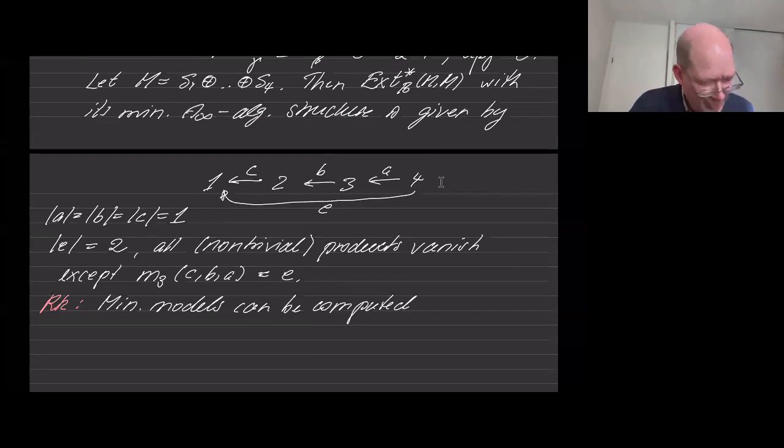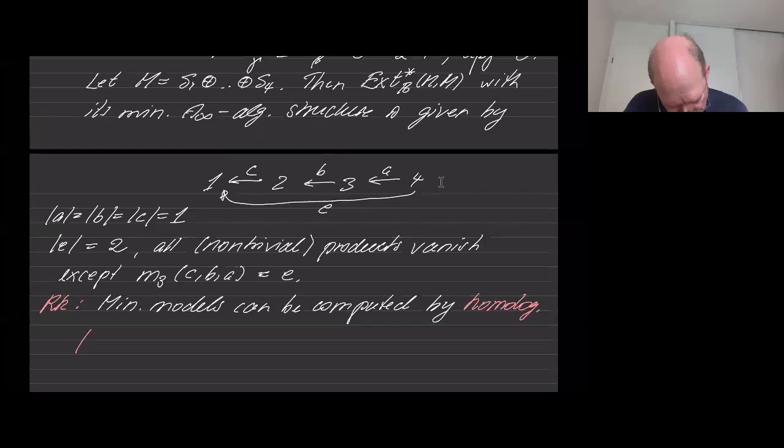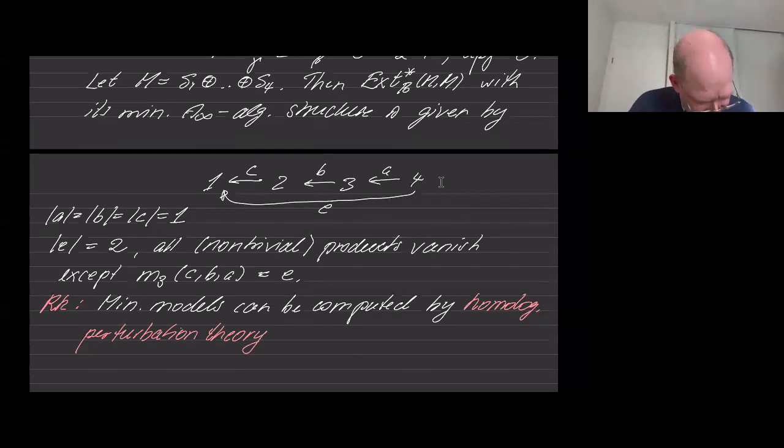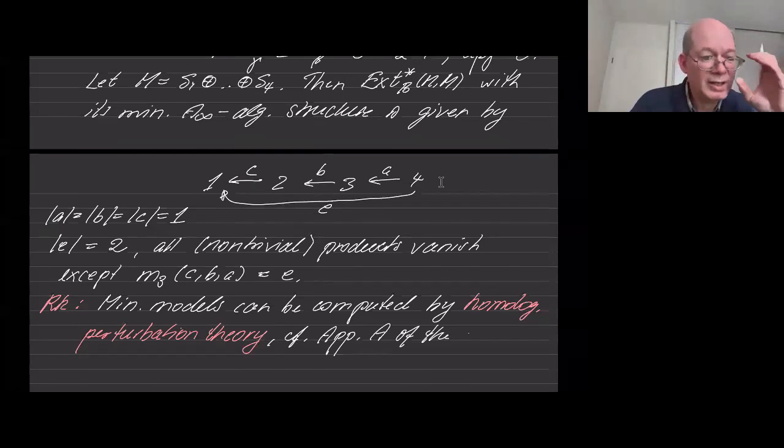It's called homological perturbation theory. And this is explained in Appendix A of the notes. There is a very nice reformulation of the construction in terms of trees due to Kontsevich-Soibelman, and you will find this description in terms of trees in the appendix.